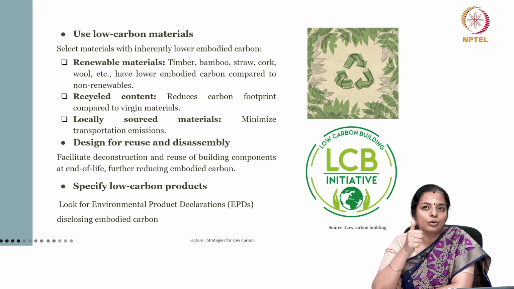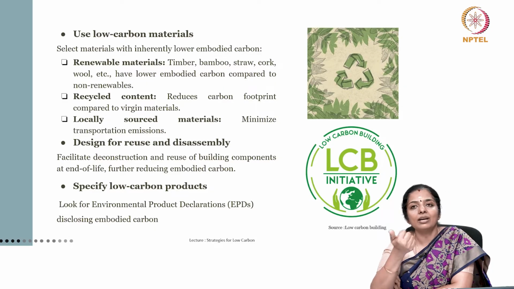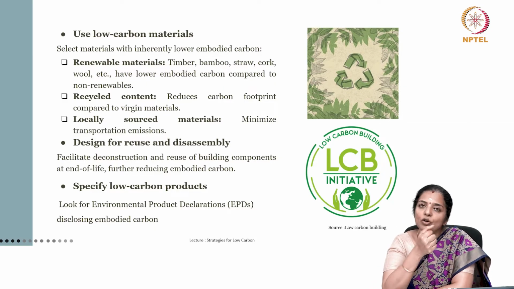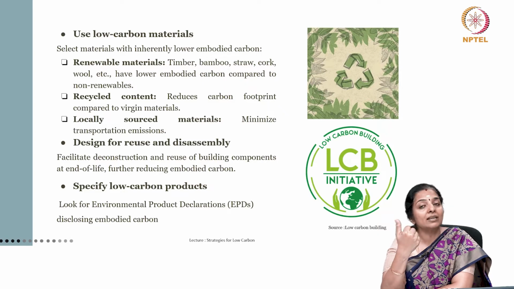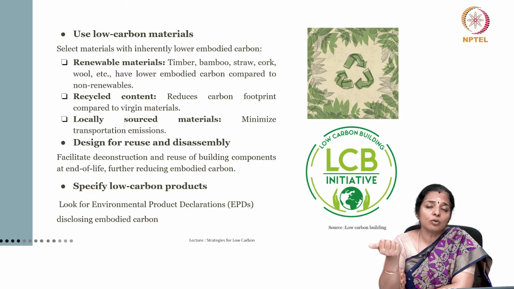If you want to have low embodied carbon, use renewable materials such as timber or straw, bamboo, cork, wool, etc. Now, these have lower embodied carbon compared to non-renewable materials. What are renewable materials and non-renewable materials? We will see later during the later classes.